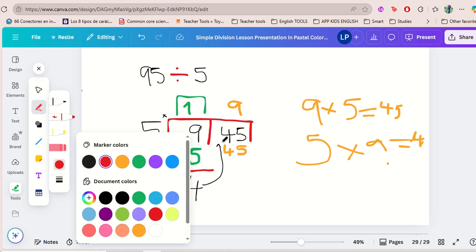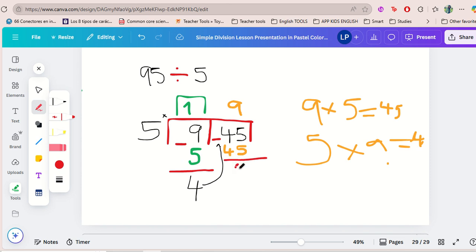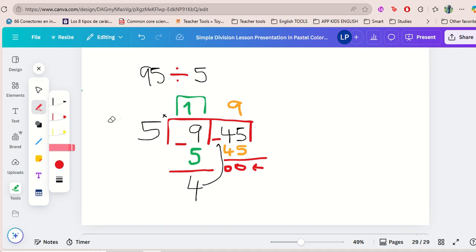Excellent, the subtraction. So 45 minus 45 is 0. Do we have a remainder? No, we don't have any remainder because here we have a 0. So the quotient, or the queen, is 19. The answer of this division is 19. Ta-da! Easy peasy lemon squeezy.